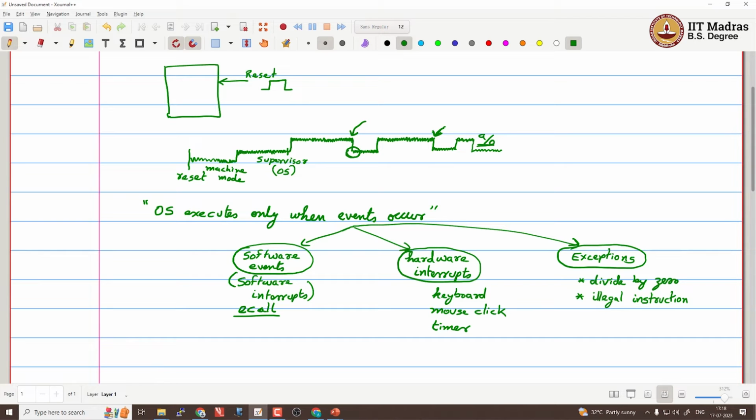For example, if it is a software interrupt, such as a system call, this needs to be recognized as soon as the OS executes, and the right system call needs to be executed.